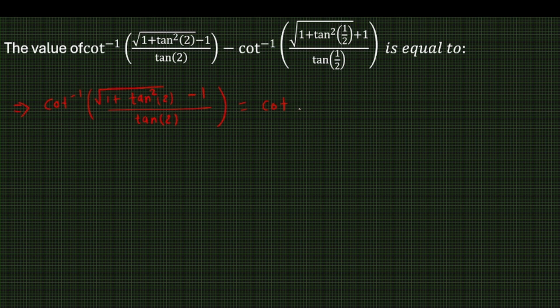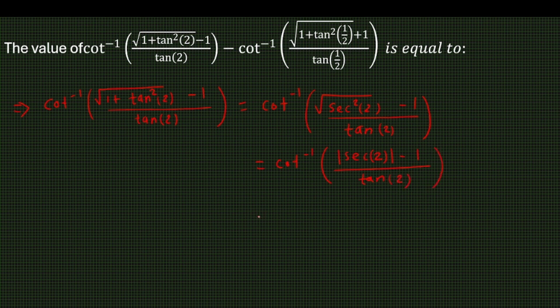So cot inverse under root sec square 2 minus 1 divided by tan 2. Now we know under root sec square is mod sec 2. So cot inverse mod sec 2 minus 1 divided by tan 2.